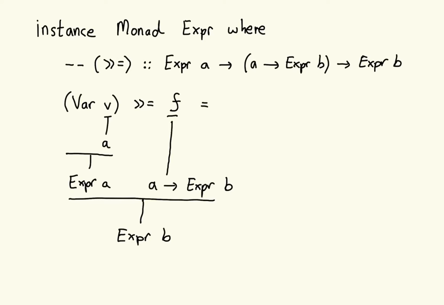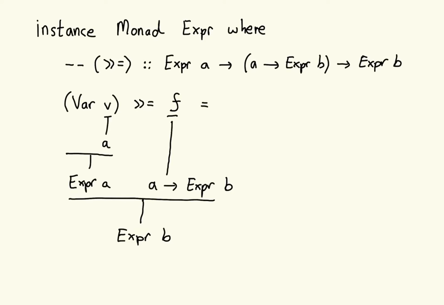So now we can think, well, what are we actually going to write on the right hand side here? Well, it has to be something of type expr of B because we have an equality here. So equality always goes between the same types. So how can we build something of type expr B given what we have got? So we can think, what have we actually got on the left hand side?